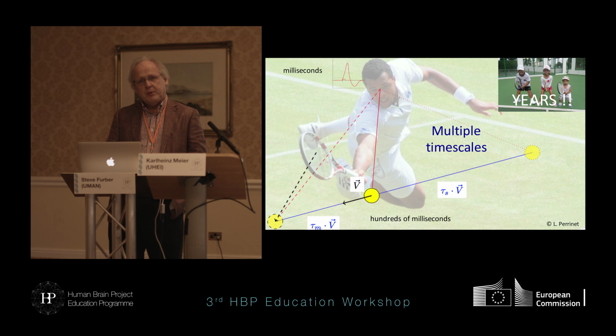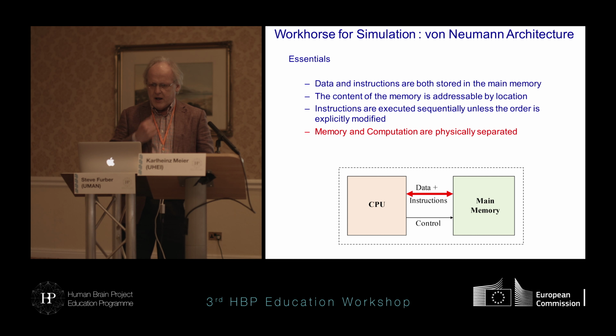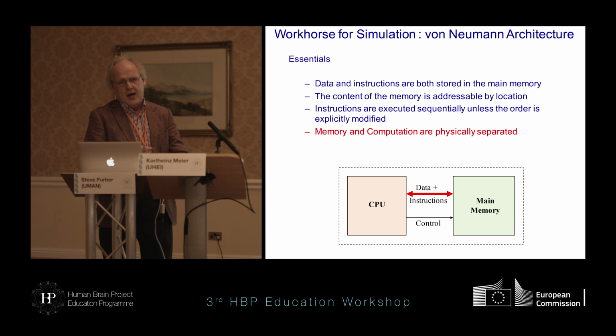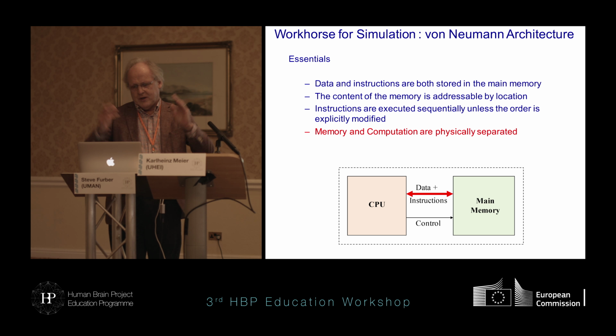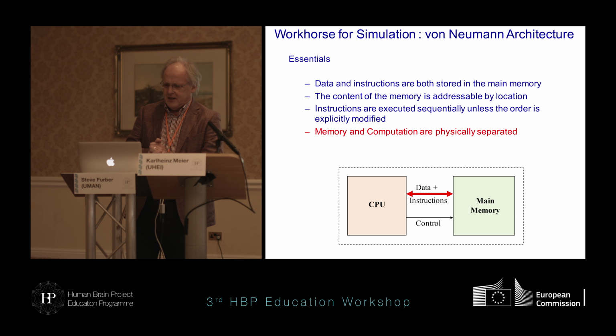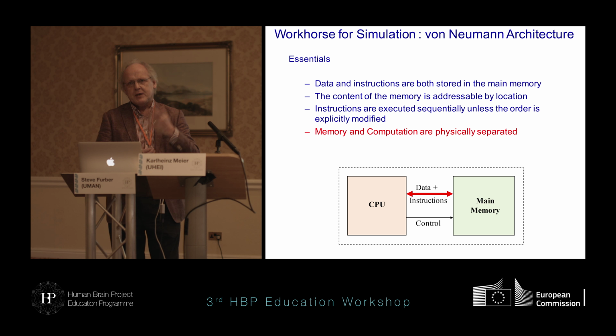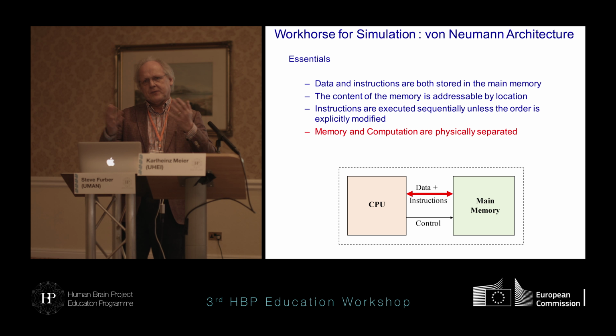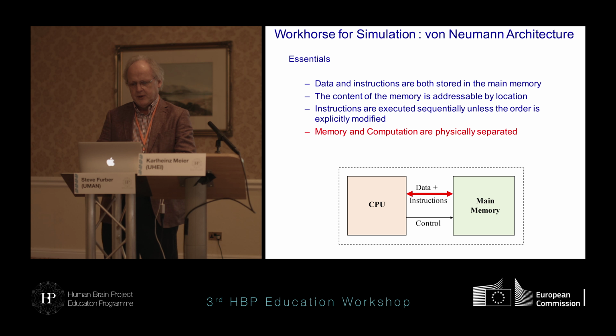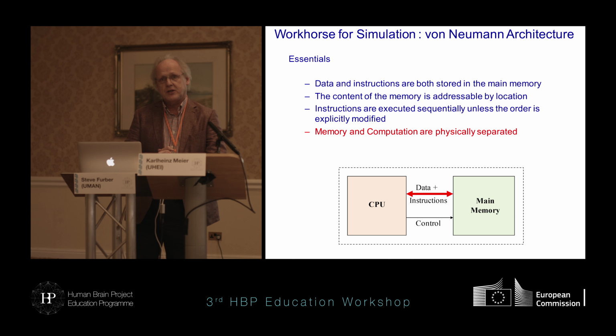Now, if we're going to build computer models to understand this, then we're in the realms of simulation. And we all know, and some of this links back quite nicely to my earlier talk, that for simulation, the place we start is with the standard workhorse, the good general-purpose computer based on the von Neumann architecture.